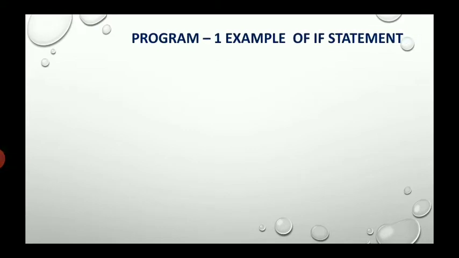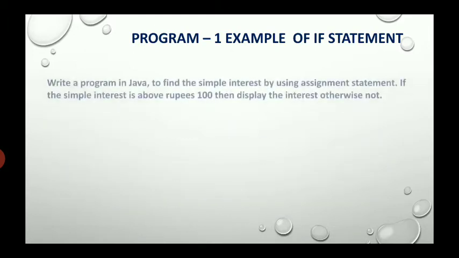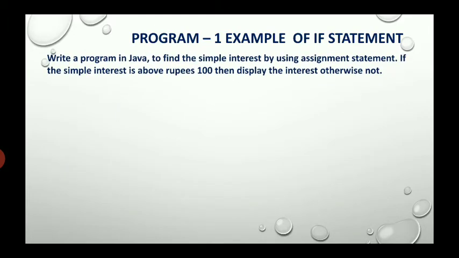Now we will see one example of the if statement. Write a program in Java to find the simple interest by using assignment statement. If the simple interest is above ₹100, then display the interest, otherwise not.